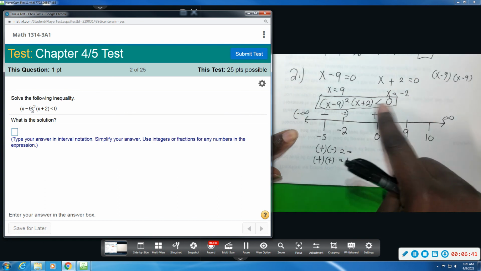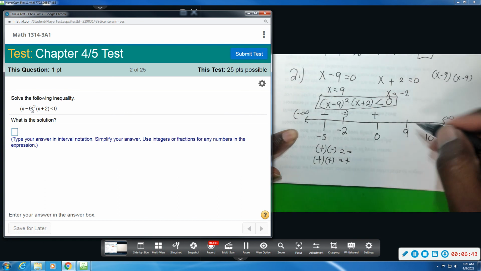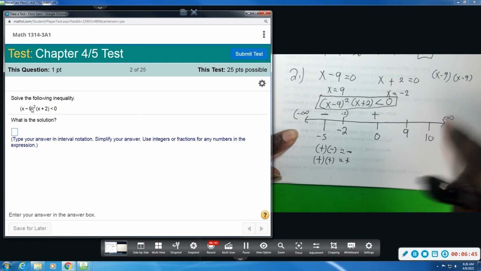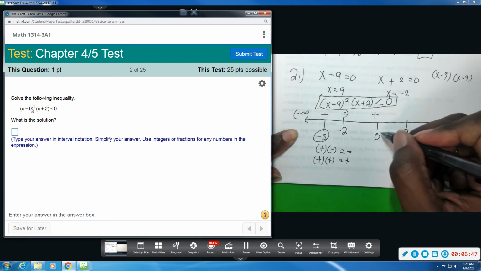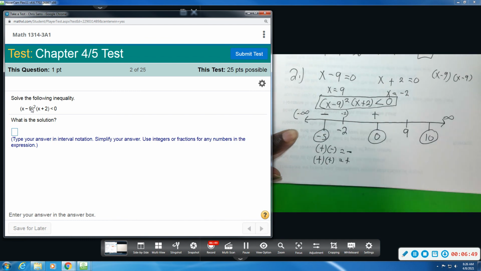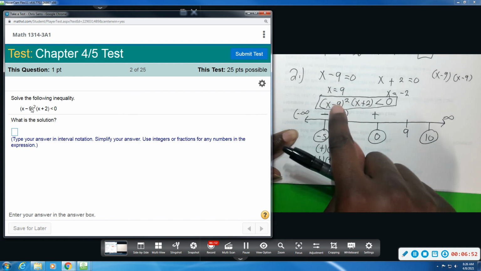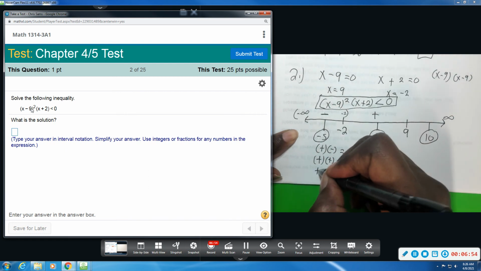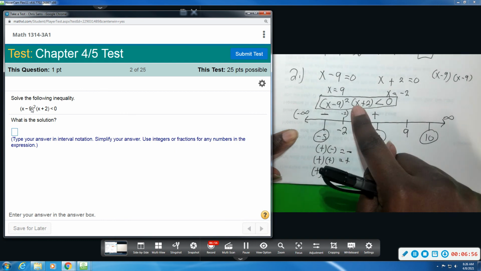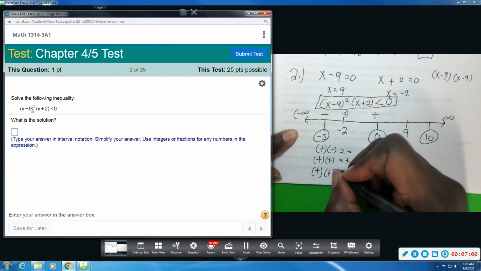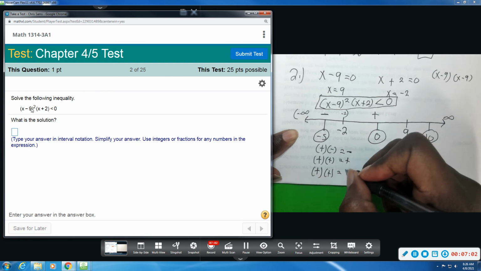Okay, and I want less than 0, so I want negative. So now over here we're going to plug in the 10. So these are the numbers that we're plugging in. Going to keep them identified from our critical values. When we plug in 10, again, no matter what here, we're going to get positive. When I plug in 10 here, that's going to give me a positive as well. So positive times positive is positive.